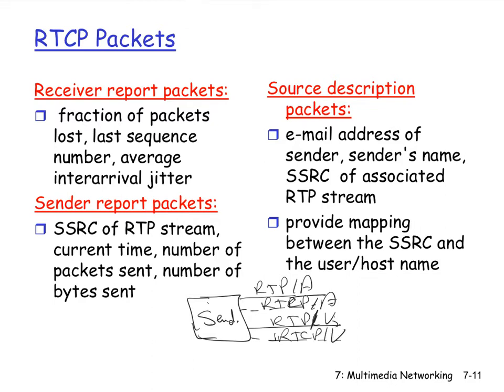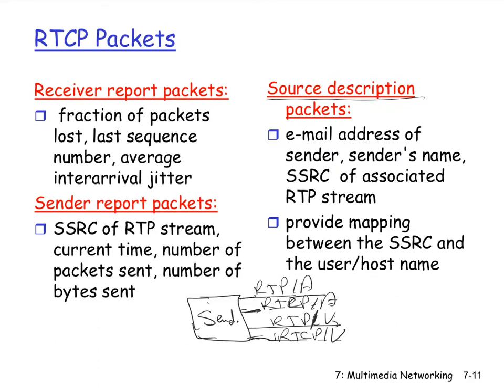Okay, so there is one source description packet that gets sent over the RTCP sessions to map all these SSRCs, because each one of these provides an SSRC, which is the source synchronization identifier for one RTP stream.